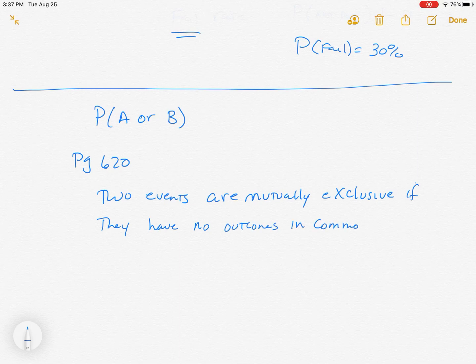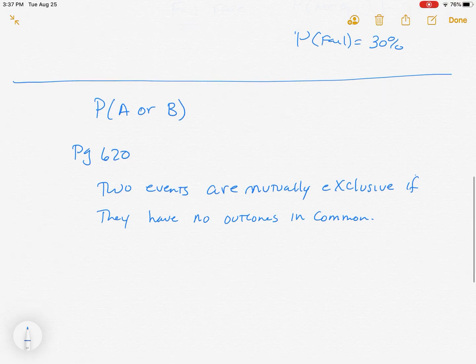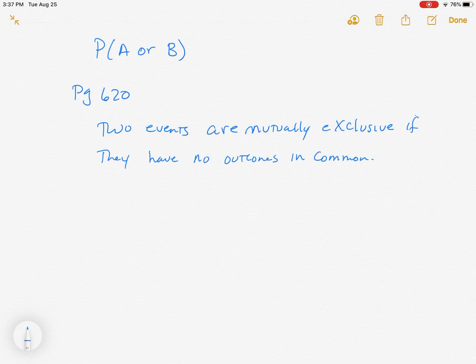And we're going to want to know whether events are mutually exclusive when we ask the OR probability. So let me give you an example that's not in the book or anything. I'll just make it up. And that is a student in our class and someone with brown hair.